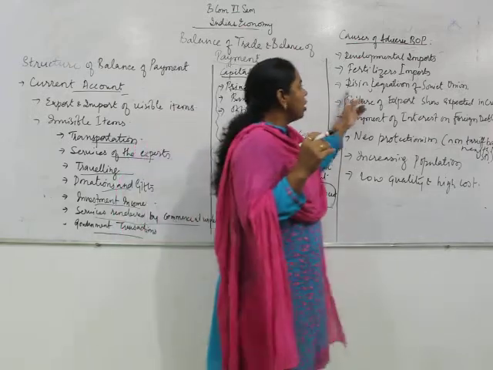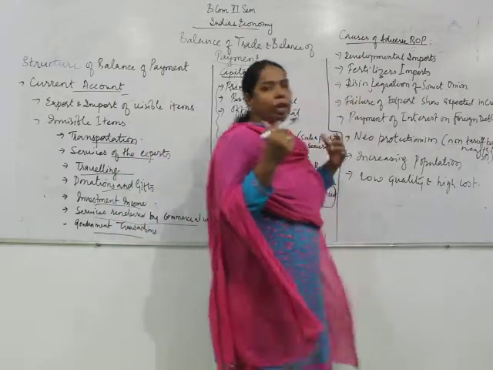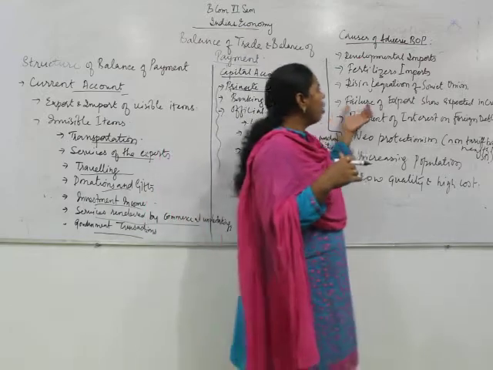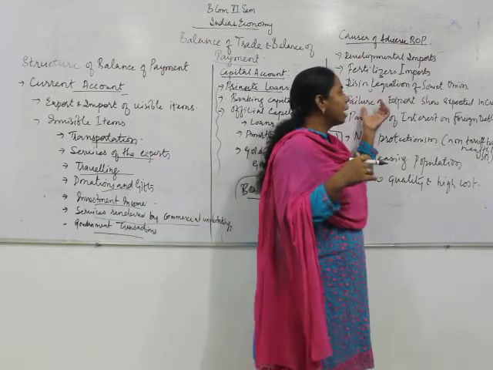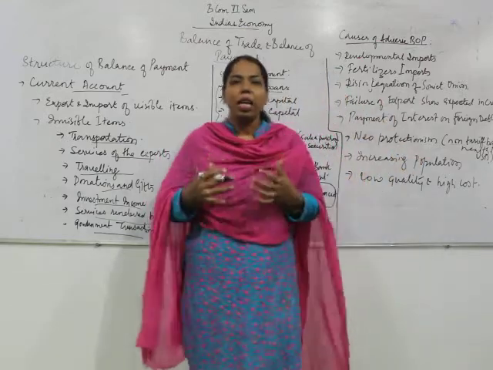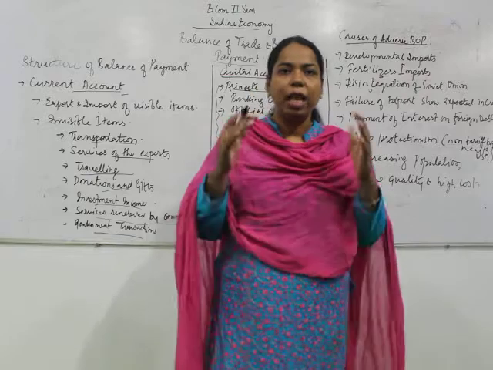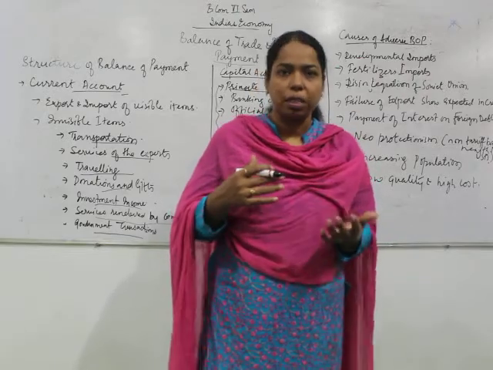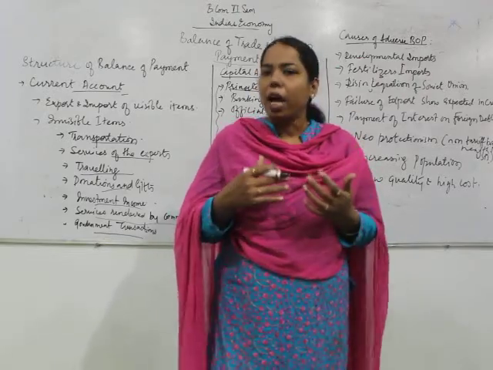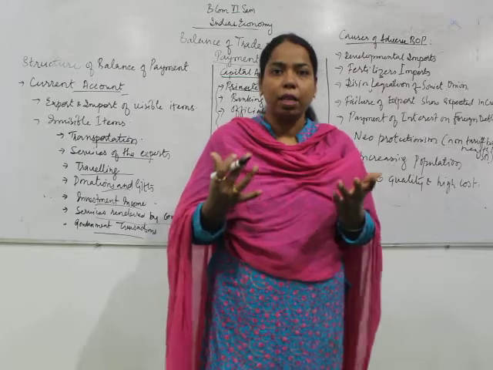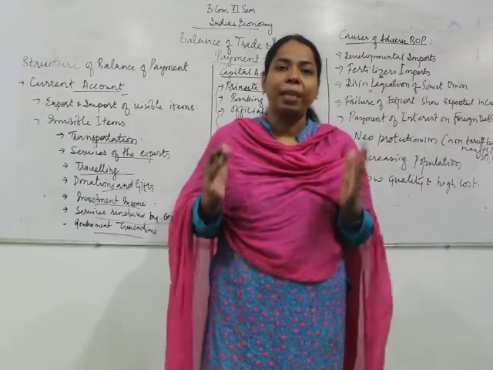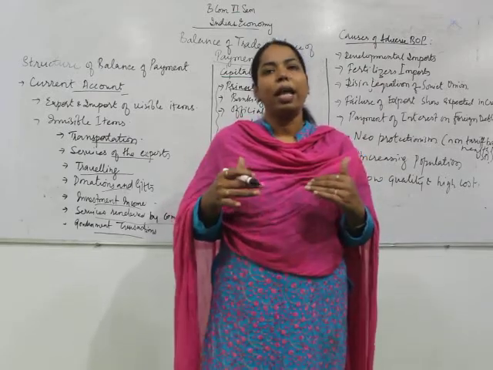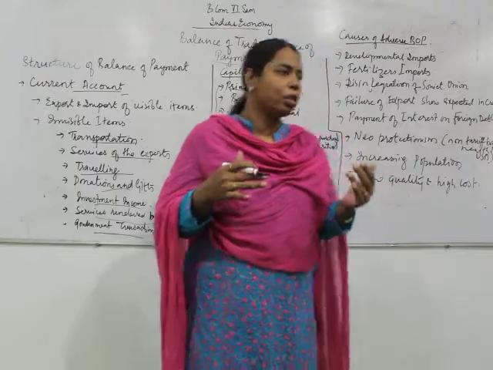So the disintegration of the Soviet Union was again one of the reasons. Similarly, there was the failure of exports to show the expected increase. It was expected that the export of the country would increase, but our exports didn't increase to that extent. So again the export earning was less.